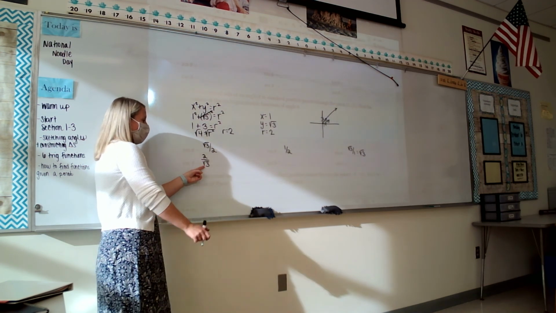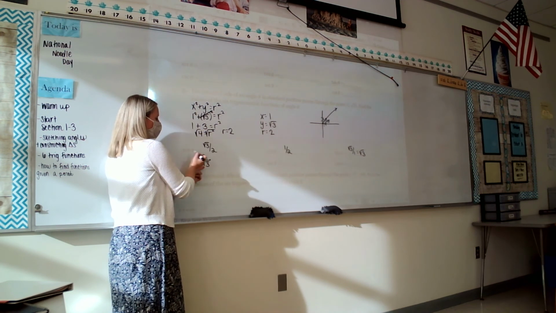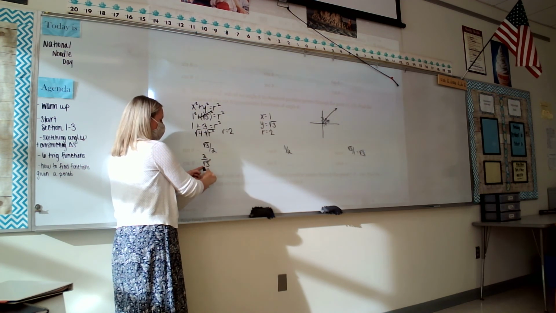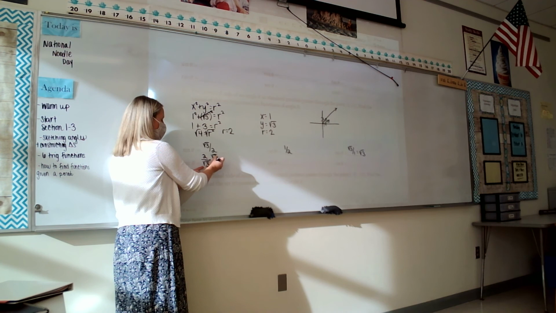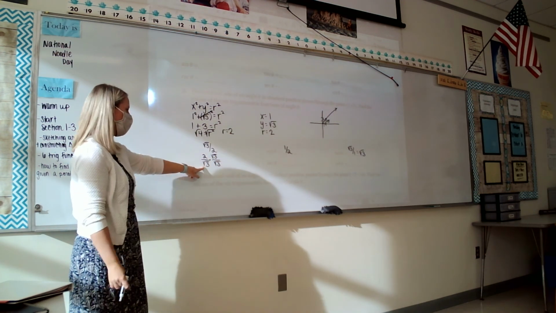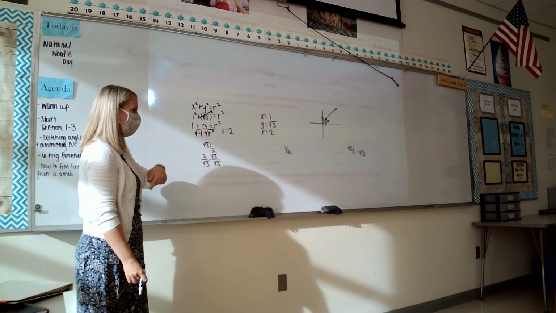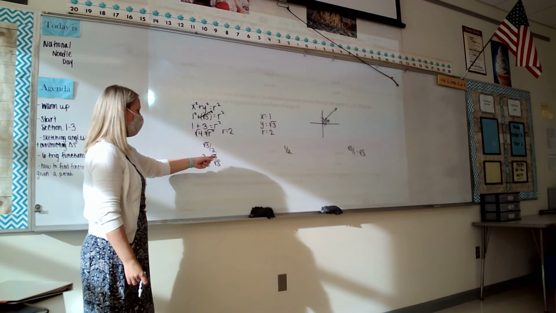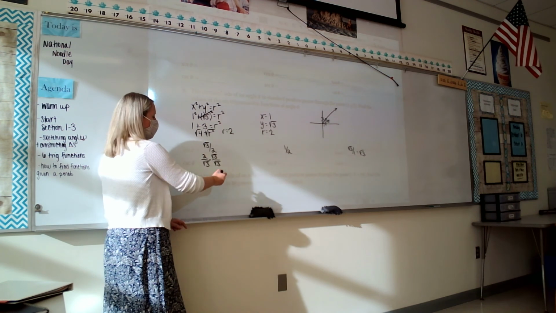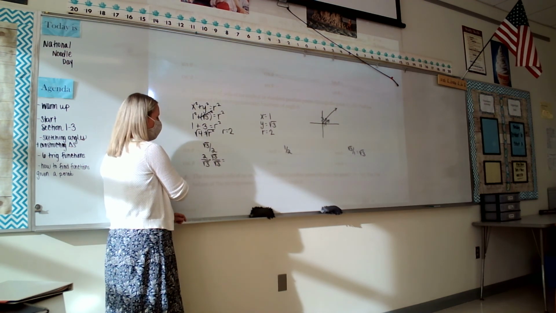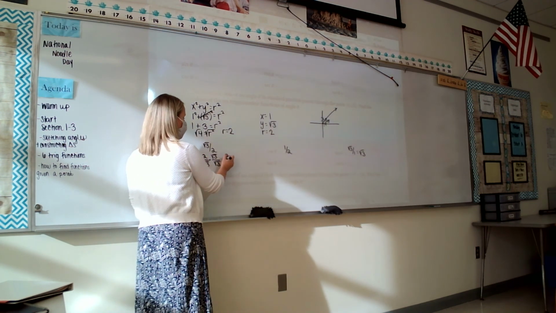If you have a square root in the denominator, you are going to multiply. And you are going to take whatever's in the denominator, which we have the square root of 3, and you're going to put it over itself. So if this is the square root of 3, you do square root of 3 over square root of 3. If you're going to change to something else, you would do that over itself. And the reason we do that is now when I multiply across, 2 times the square root of 3 is 2 square root of 3.